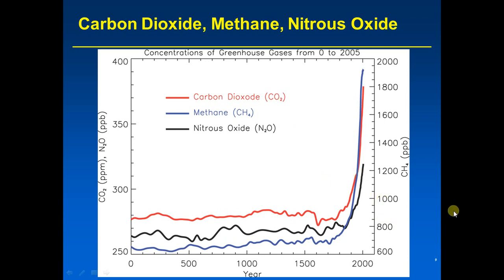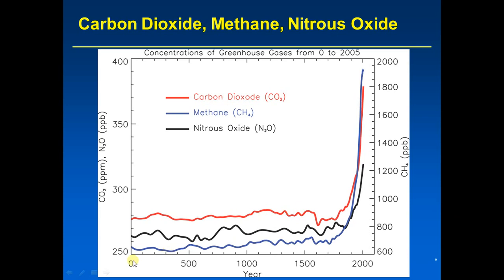Carbon dioxide and nitrous oxide concentrations use the y-axis, the vertical axis on the left, with the carbon dioxide concentrations in parts per million, the nitrous oxide concentrations in parts per billion, and the methane concentrations are shown using the right vertical axis in parts per billion.